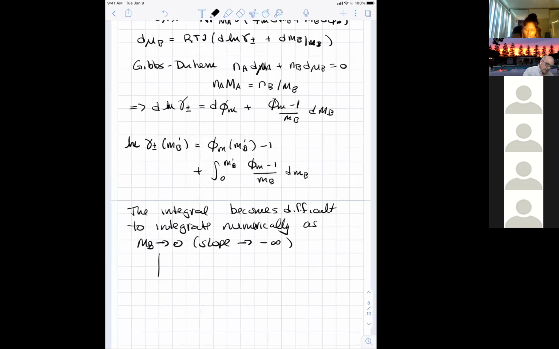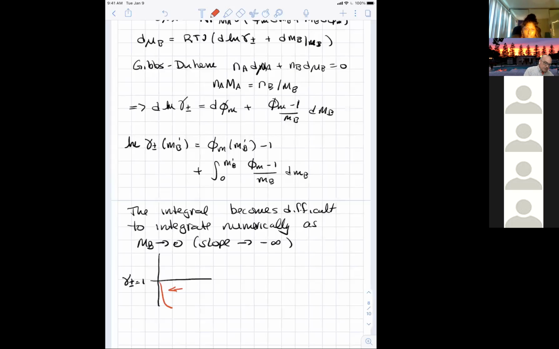So in other words, if we take a peek at what happens here, the slope of this function gets really steep.